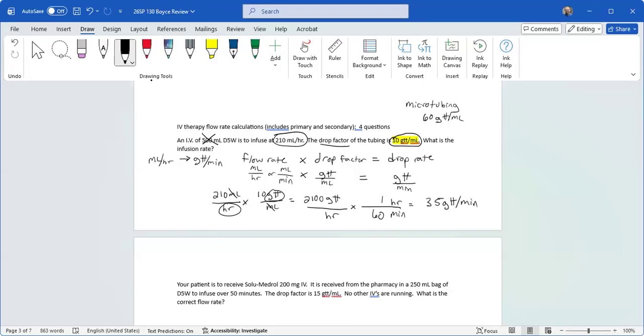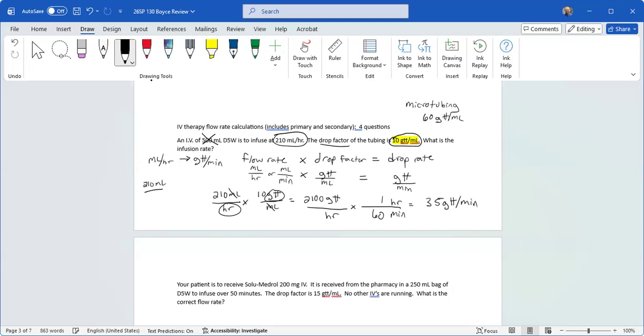Now, the way that I circumvent this headache, so I never have to worry about it, is this: if I'm looking for minutes, hours to minutes is a very easy conversion. Most of you can just do it in your head, even if it's 2 hours or 3 hours, or you can easily plug it into your calculator. Before I write anything down, I'm going to convert hours to minutes right off the bat.